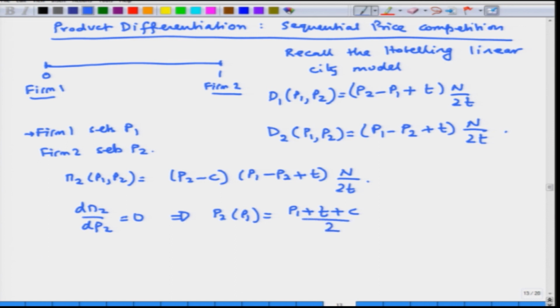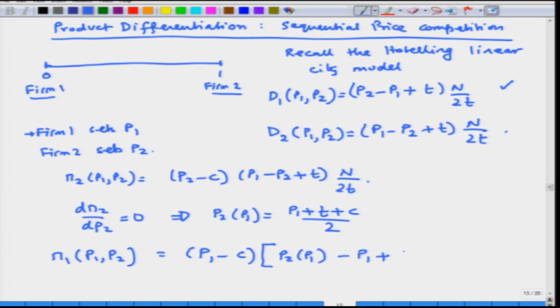upward sloping. Now, firm 1 anticipates that firm 2 is going to choose its P2 based on its best response function. So, firm 1's profit is (P1 minus C) times D1, but now firm 1 notices that firm 2 is going to choose its price P2 based on its best response function.